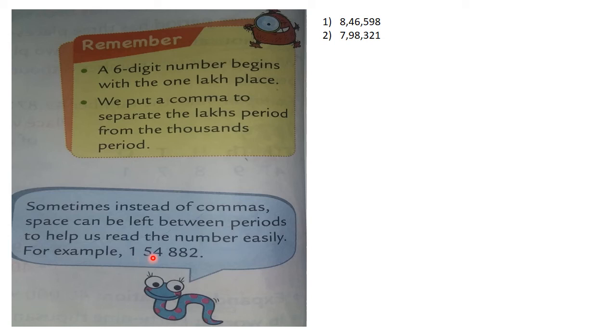Likewise we can write other numbers without using commas. It's up to you. If you are putting the commas, absolutely fine. If you are not putting the commas, make sure that you leave a space among the digits.